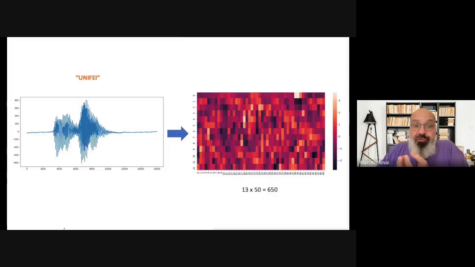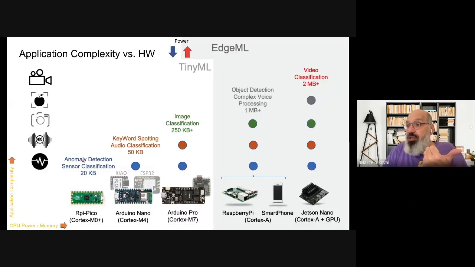When you go to audio, audio applications are a little bit more complex, because despite the fact that audio is also a very noisy and complex time series signal, usually what we do is convert it to a kind of image of the sound, like a spectrogram, and that image will be classified using a little bit more complex neural models than we use for this kind of data.